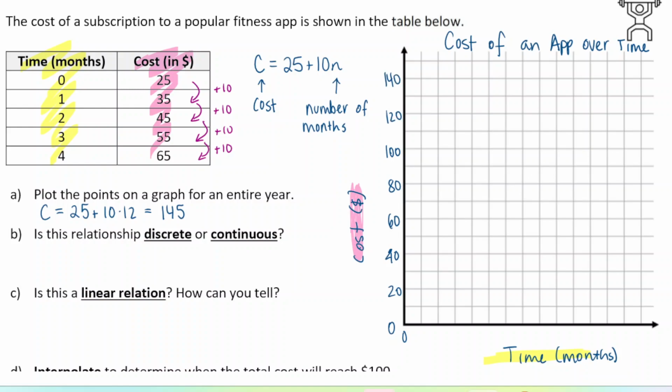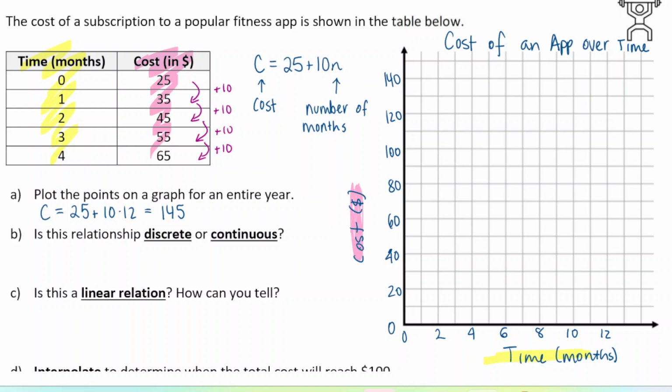Perfect. And for time, I'm going to go up by ones because it asks us to do a whole year, and there's about, I think there's 14 there, so that makes sense. So I'm going to label every second one again. 1, 2, 3, 4, 5, 6, 7, 8, 9, 10, 11, 12. There we go. That would be a full year.